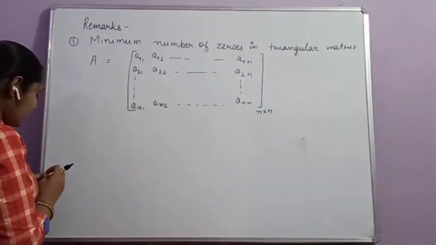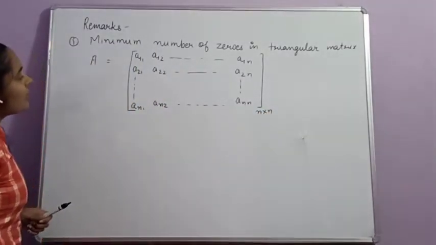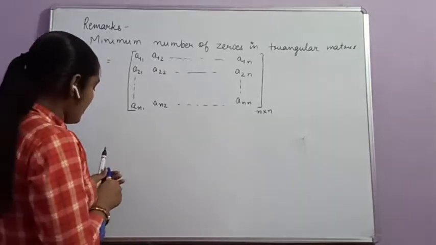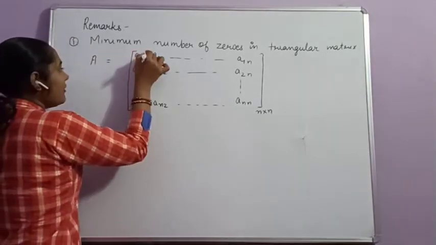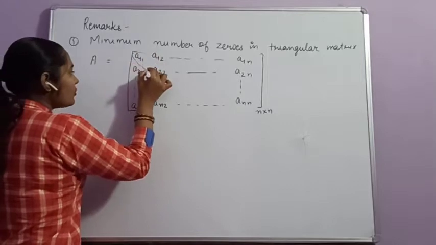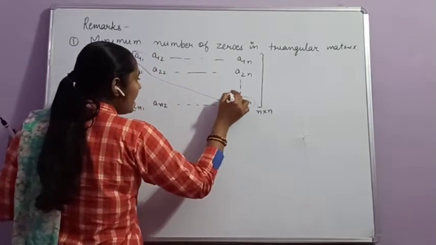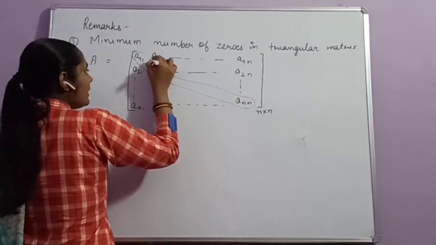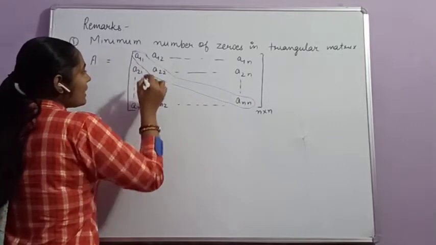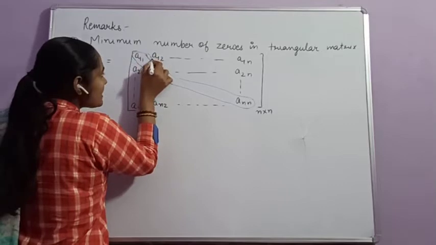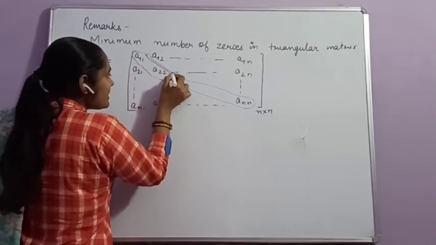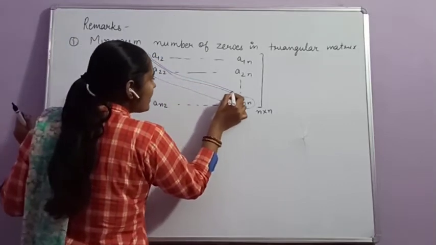And we know that the diagonal elements are a11, a22, a33, a44 up to ann. Clear? Here two triangular matrices are formed. First is the upper triangular and second is the lower triangular.